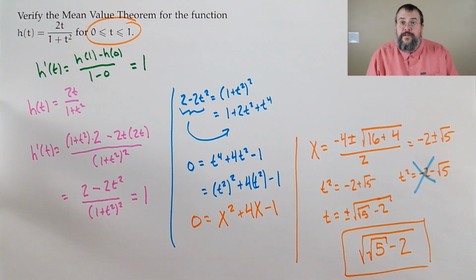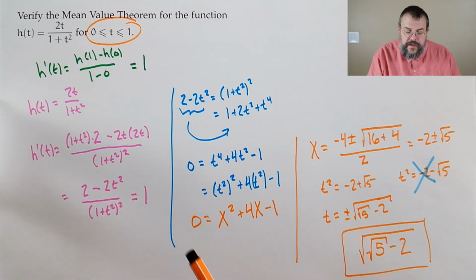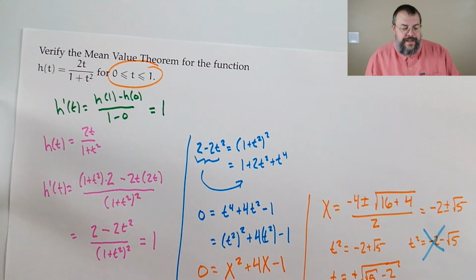And that's the one we're looking for. That says, aha, at this point the derivative of this expression is equal to 1, just like we need it to be, because that's what the mean value theorem says we have. Look at all this good stuff we're getting to do with quadratic equations today. Wonderful, wonderful time.